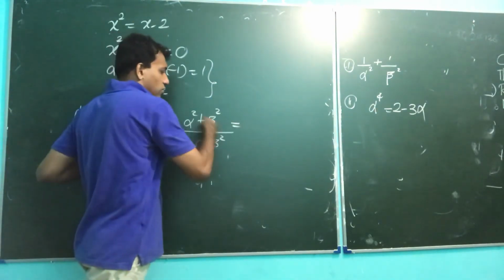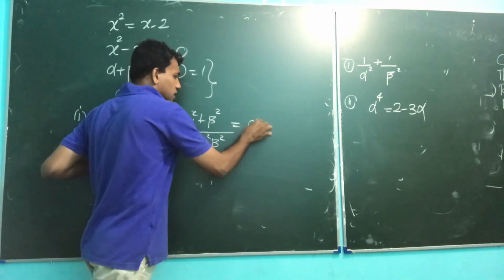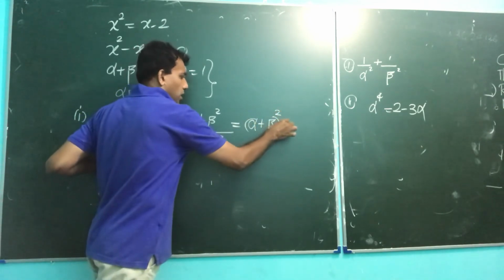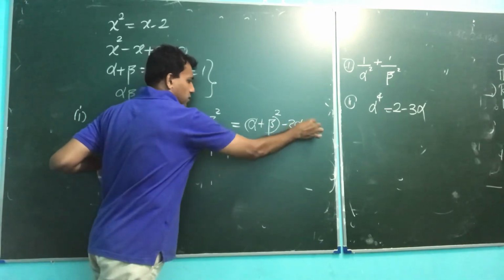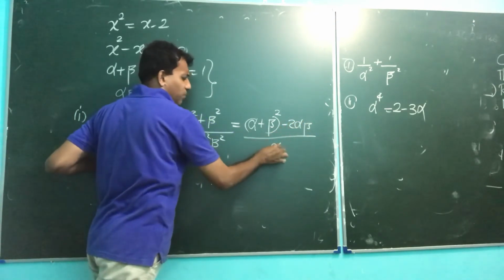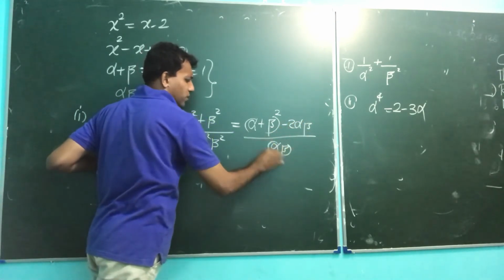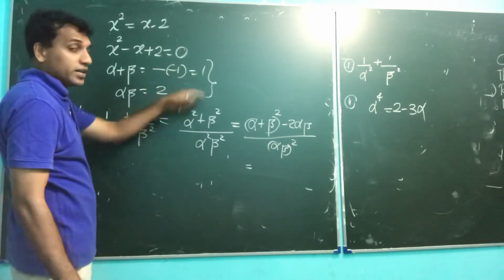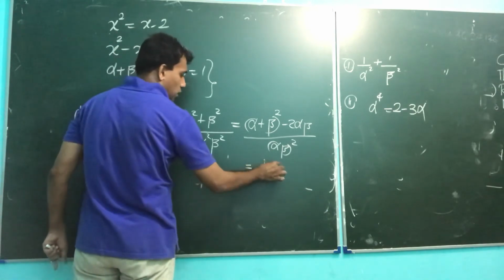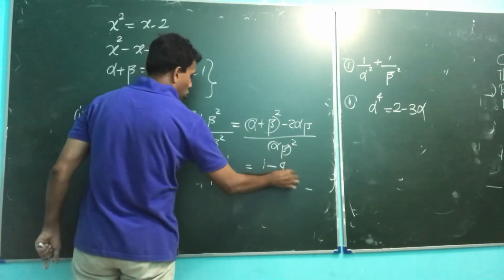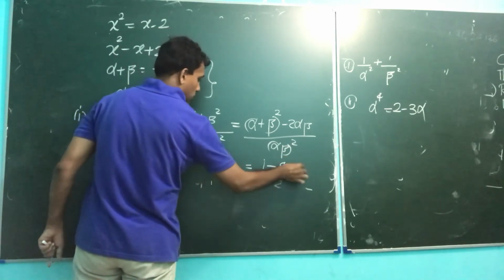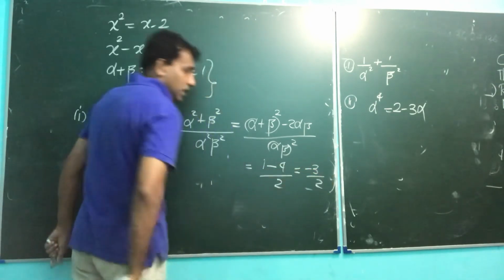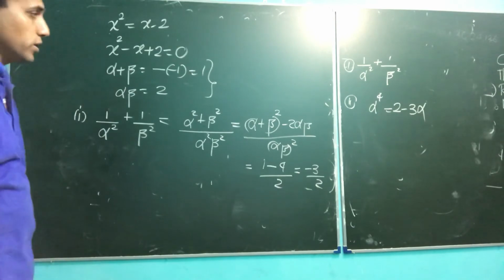So it is alpha plus beta all squared minus 2 alpha beta, over alpha beta all squared. Alpha plus beta is 1, so 1 square is 1, minus 2 times 2 is 4, over 2 squared. So what is the answer? Minus 3 over 2, as primary work. Simple case, that is right.